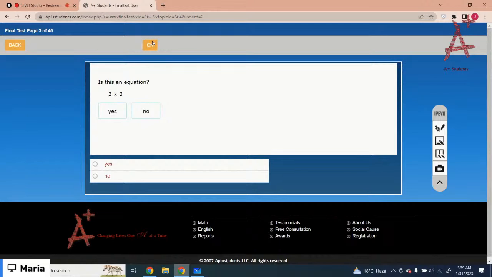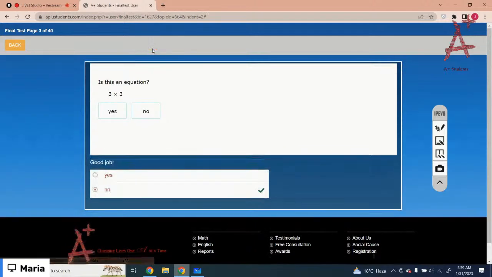Okay, is this an equation? 3 times 3? No, this is not an equation. You don't have the equality sign on the other side. So the answer is no.